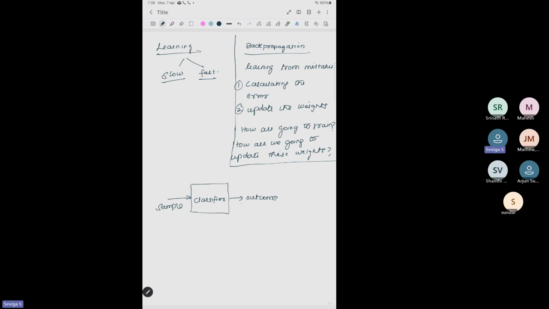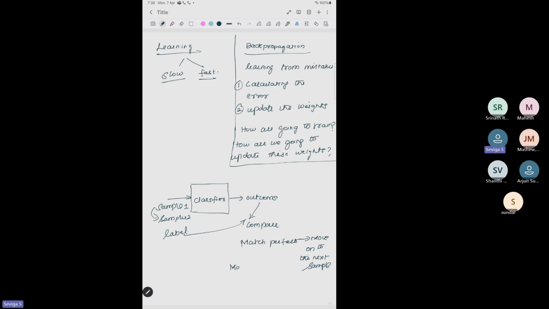This sample has an associated label, so you will compare this outcome with the label. If the match is perfect, we will move on to the next sample. So here let it be sample 1, then we will go for sample 2.